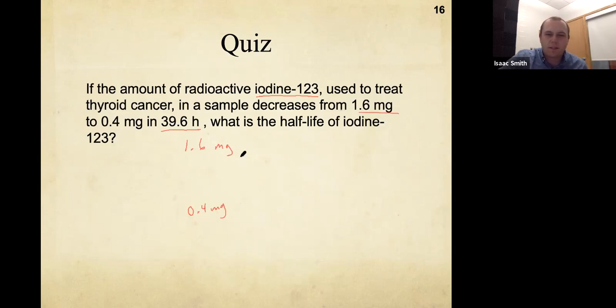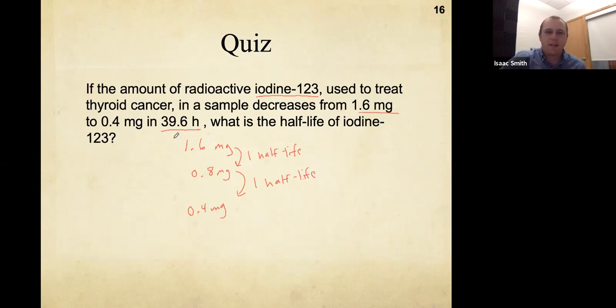So half of 1.6 would be 0.8 milligrams. So that's one half-life, right? And then half of 0.8 is 0.4, which is what we end with. So in total, we went through 2 half-lives to get from 1.6 milligrams down to 0.4 milligrams.